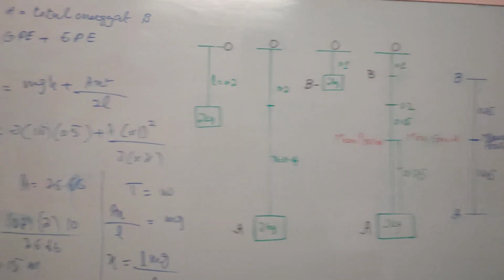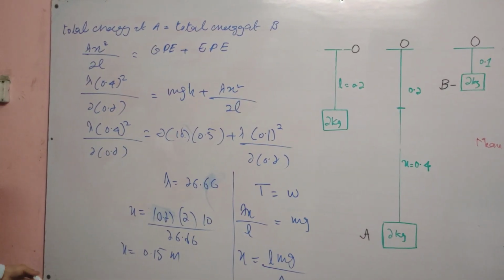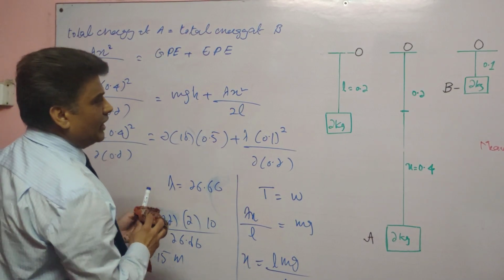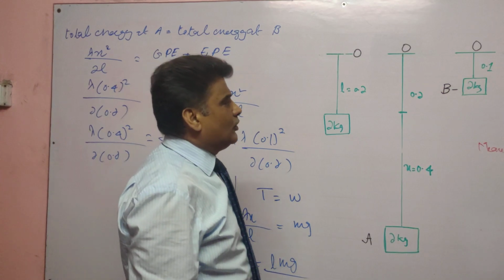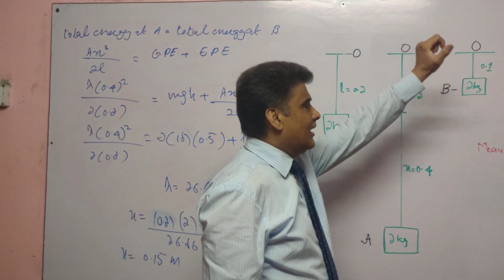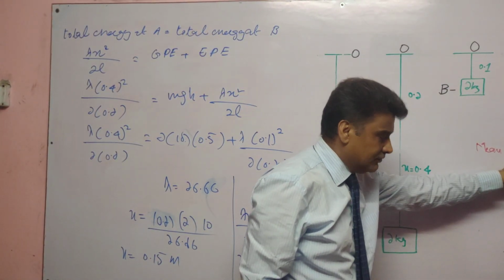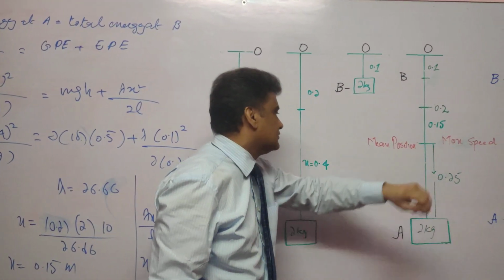How can we find the maximum speed? We write the equation of energy for the mean position.